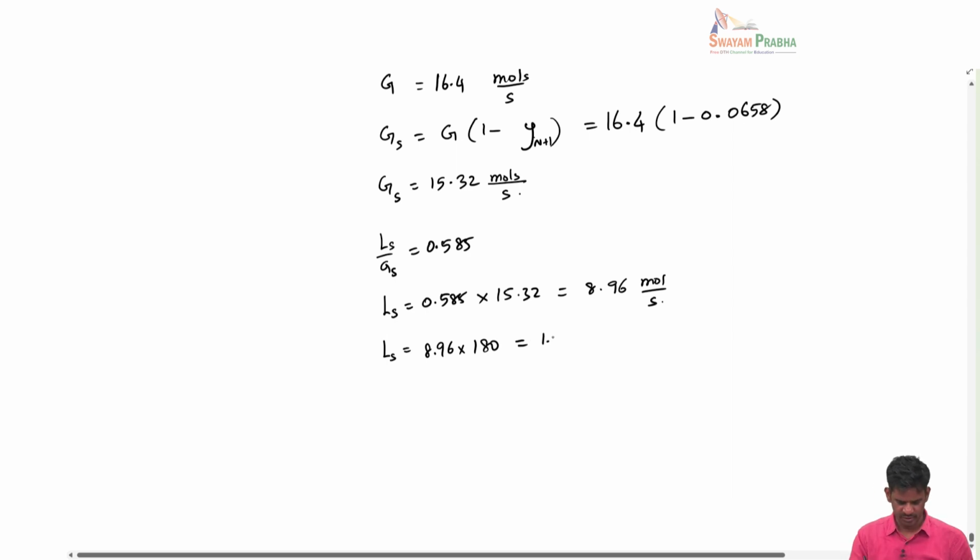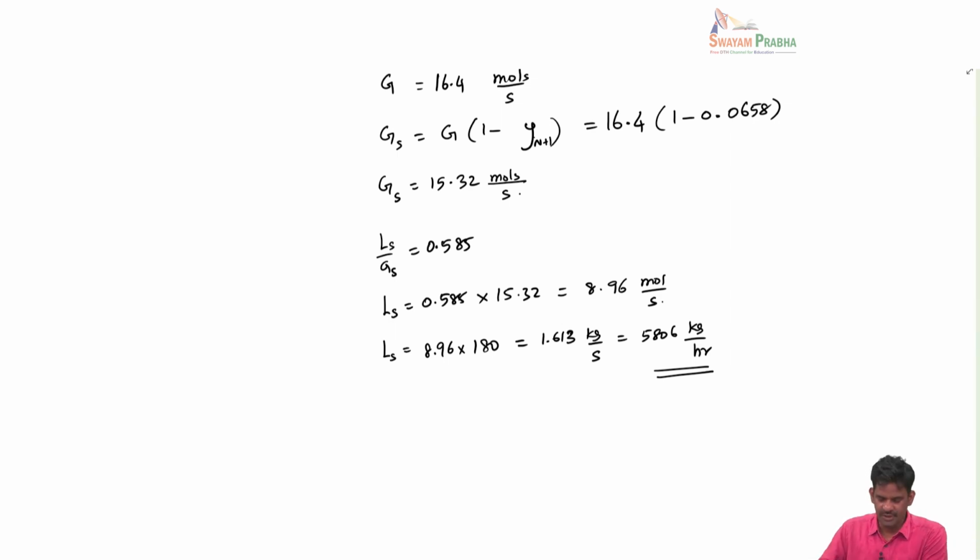So this becomes 1.613 kilogram per second, and in terms of per hour, this would be 5,806 kg per hour. So this is the answer to part B.